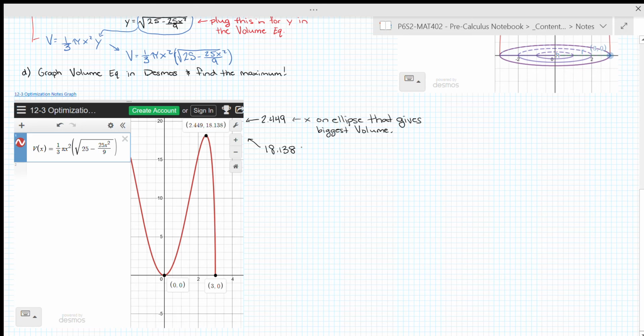That's not the y-coordinate on this ellipse. We're graphing this as a function, so the outputs are volumes. The cone can't get higher than 5, right? So this 18.138 is the number that represents the volume, the output of this function, the maximal volume of this cone.